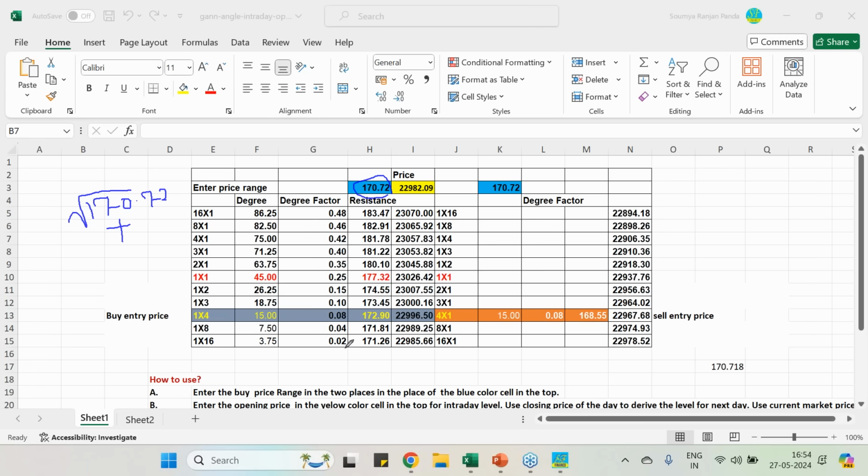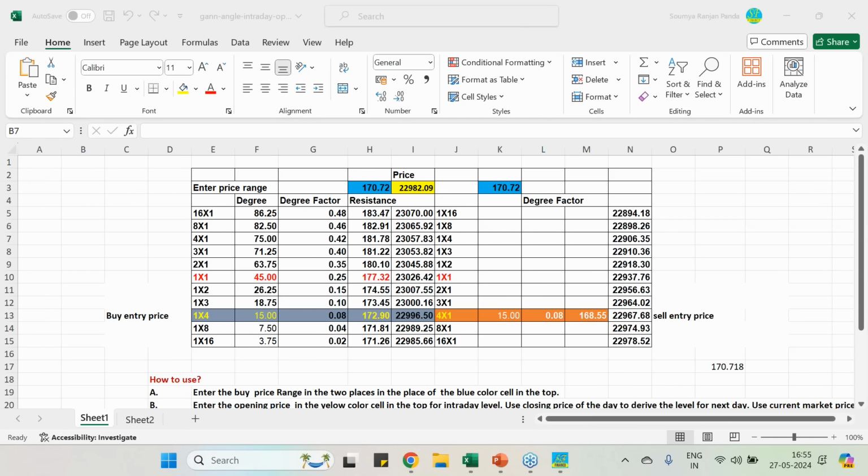Here the degree factor for 3.75 degrees equals 0.02. After taking the square root, whatever the net result I get, I take the double multiple of the square. That will give me 171.26. This is how all resistances are found.